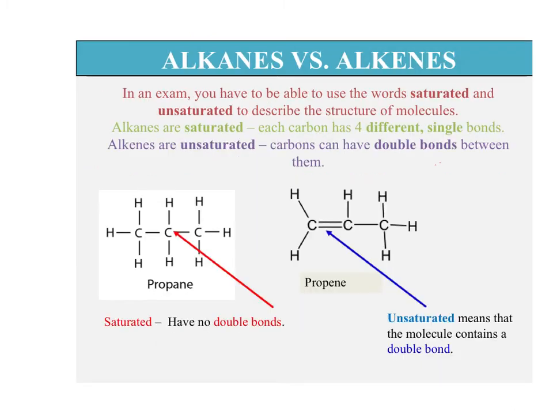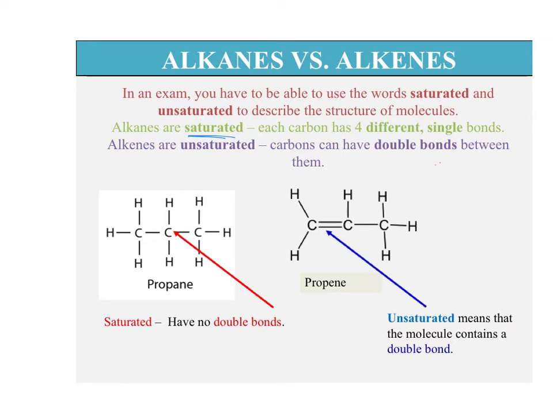Now, we've mentioned in the previous slide the word unsaturated, and in an exam you've got to be able to use them. So saturated means that all of the bonds in the carbon are used up on different molecules. So it could be that it's attached to 4 different hydrogens, but they're 4 different hydrogens. They're not the same hydrogen twice.